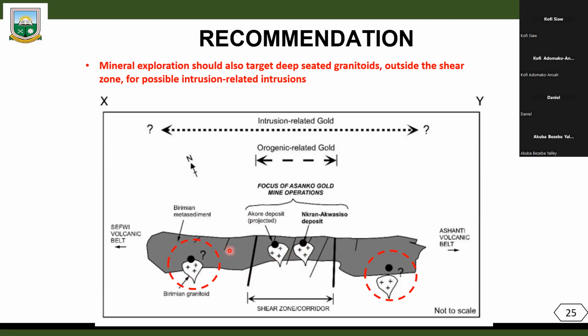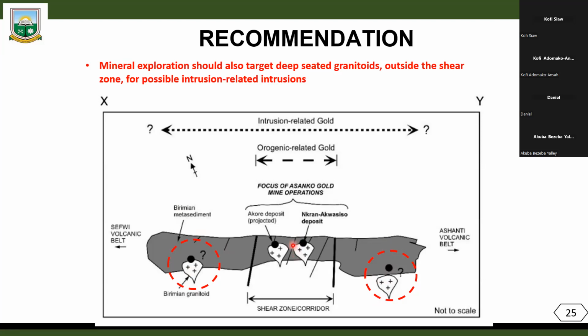Possibly some aeromagnetic data has been collected, possibly some geophysical information has been collected, but I will invite a revisitation into looking at the data set and considering the possibility of the deep-seated granitoid system. Why? Because there are no shear zones in these regions, and therefore these granitoids are not able to access this zone and come up to the same level that can be observed in the shear zone.